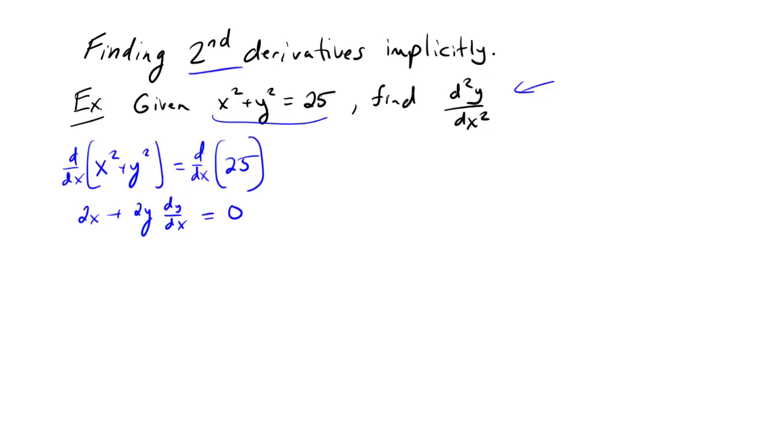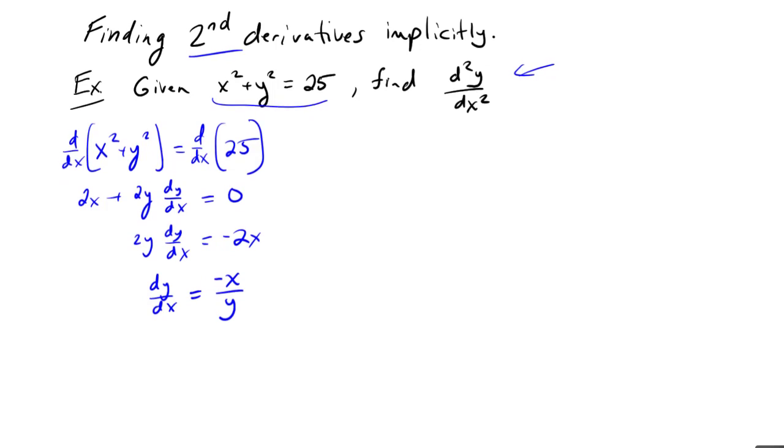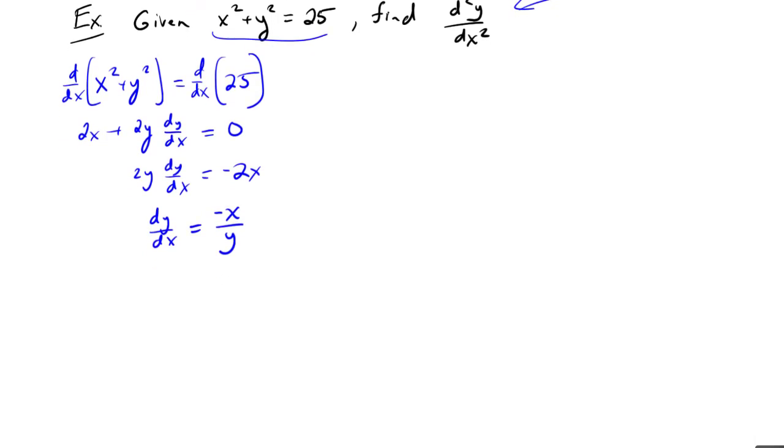And then we solve: 2y dy/dx equals negative 2x, and divided over to find that dy/dx, with the 2's canceling, is negative x over y. Okay, so that's fine. Now how do we go and find a second derivative? Well, we have the first derivative, so we just take the derivative of it.